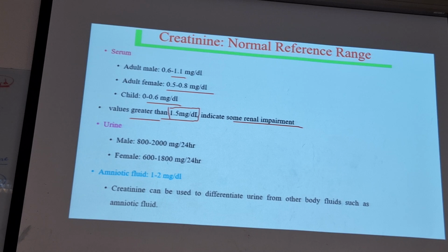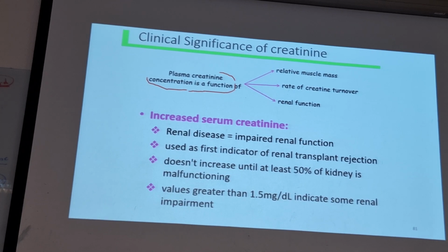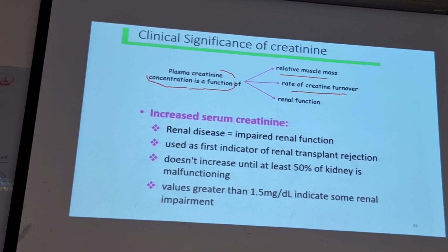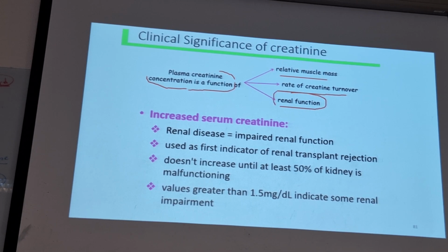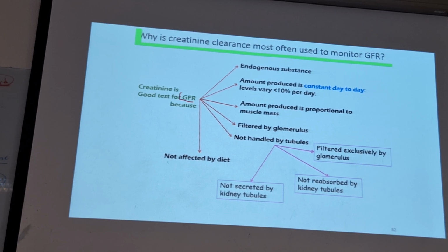So evaluation of creatinine is very important. The concentration of creatinine, in addition to liver function, is related to muscle mass and creatine turnover, and is mostly related to renal function. It is the most important factor for evaluation of renal function, and we can calculate GFR based on the creatinine concentration.